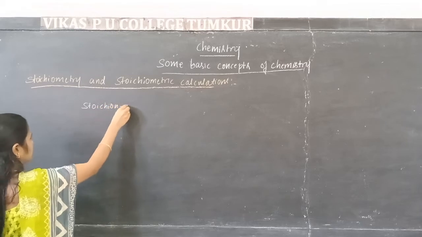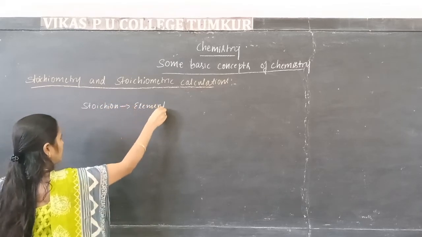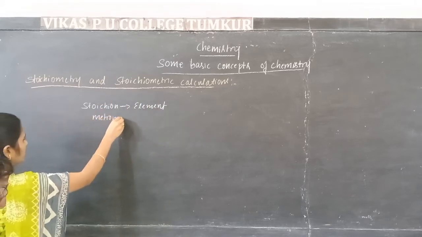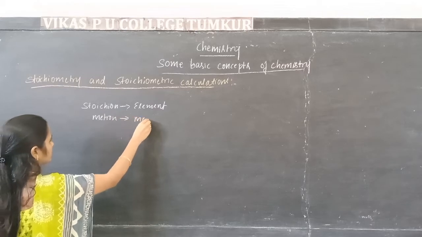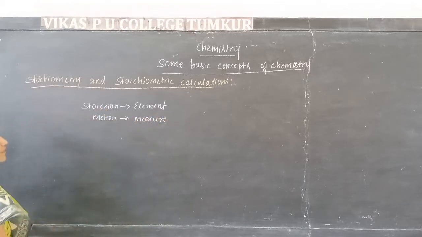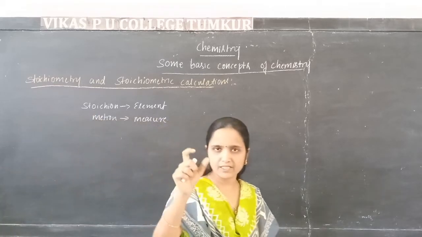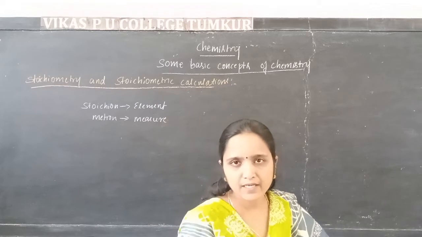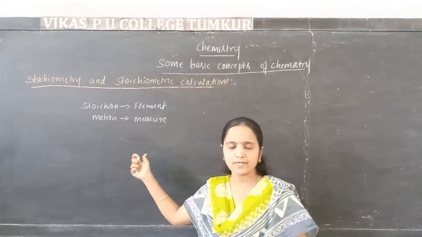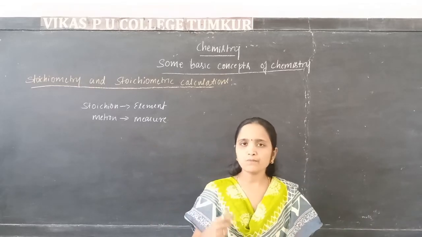Stoichion means element, and metron means measure. This is the meaning of the word stoichiometry. Then what is meant by stoichiometry?